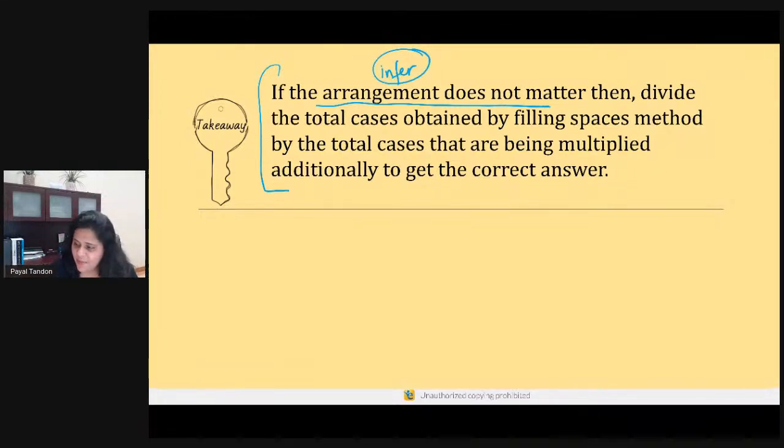Once you figure out that arrangement is not required, then you divide the total cases obtained by the filling spaces method by the total cases that are being multiplied additionally to get to the correct answer. So you need to do this division over there. Again, all of this is explained in detail in PNC Concept 1. Okay, so definitely review that. Okay. All right.